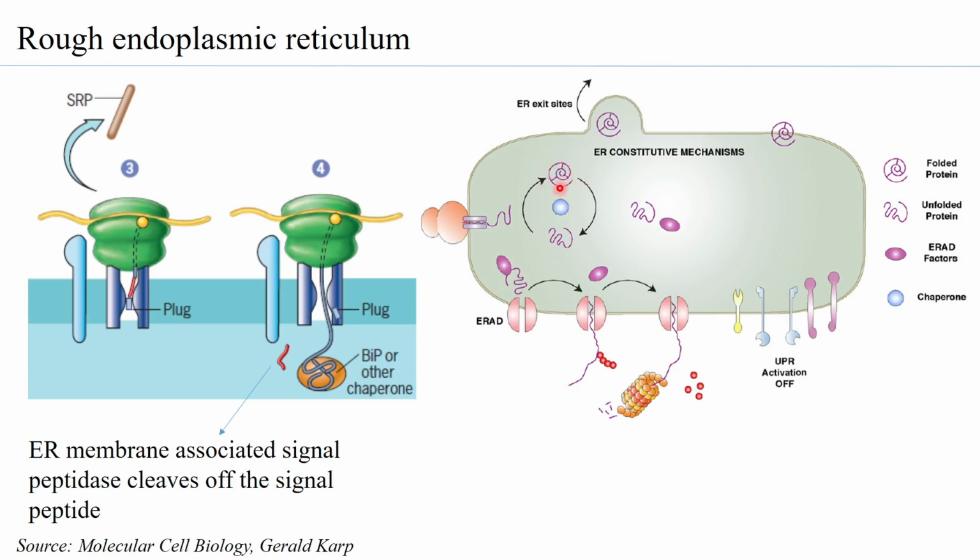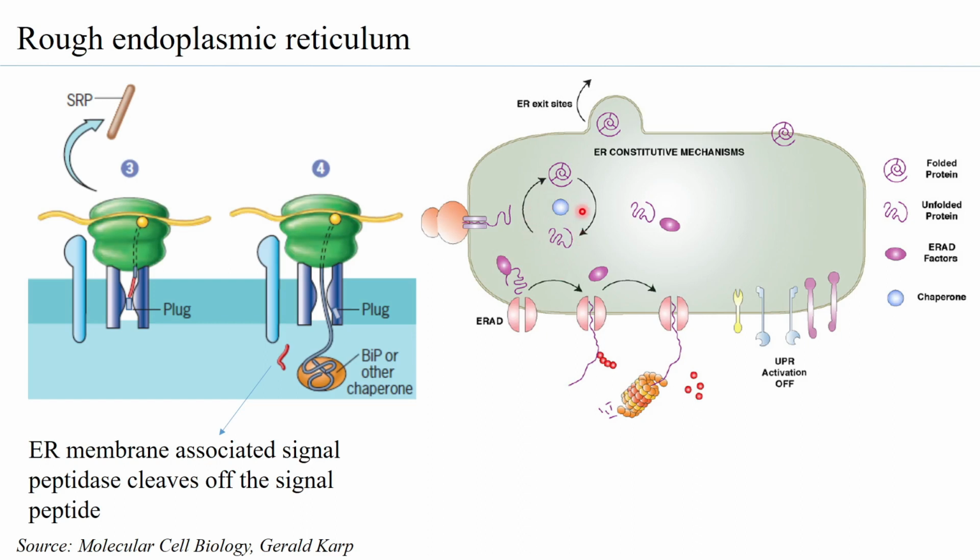But if it is not folded properly, then there are certain proteins called molecular chaperones. These molecular chaperones are able to bind to those proteins that have not folded properly, and by binding to the misfolded protein, they can unfold it and allow it to be folded again properly. So the molecular chaperones help the protein fold properly.